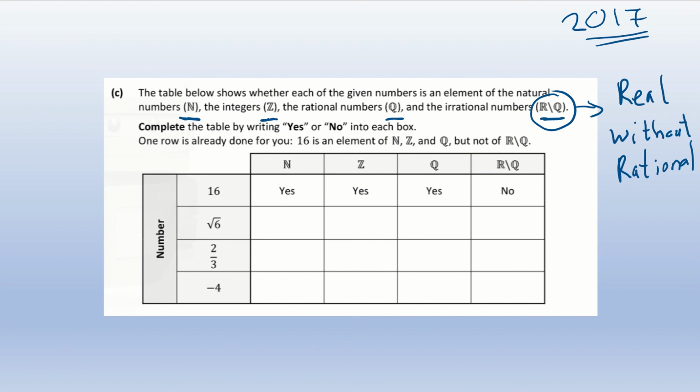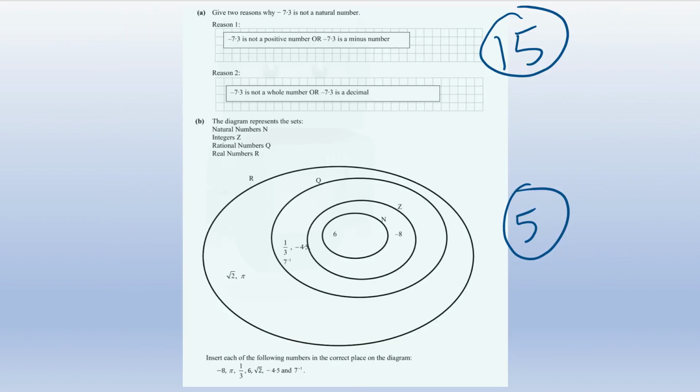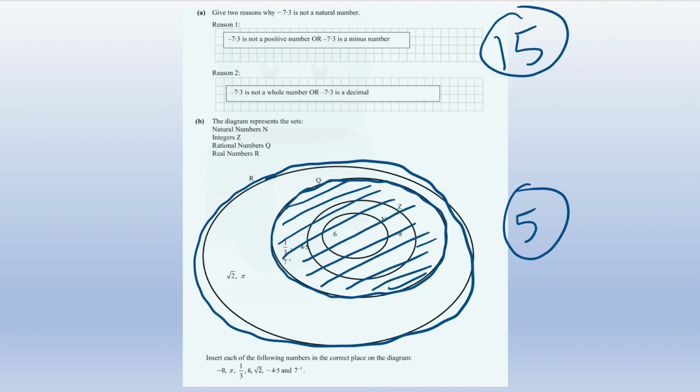If we go back to the previous question, I might go to the marking scheme because it's a bit neater. The real numbers are all the ones on your outside, and the rational numbers are all the ones in here. So if we were to think about the real numbers without the rational numbers, all we would be left with is these guys here.